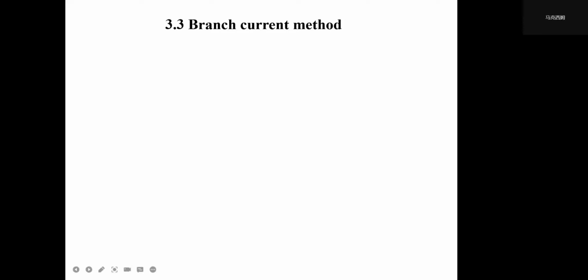Now we can talk about the branch current method. Obviously, from this name we can see that it's based on the branch current.